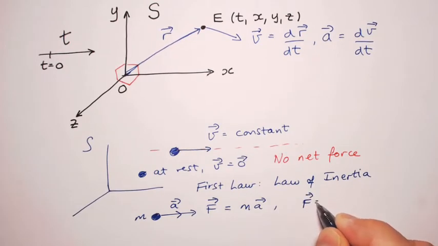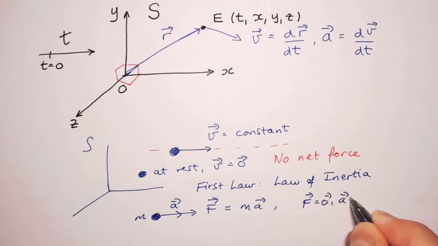If there is no net force, there is no acceleration, and if there is no acceleration, there is no net force. Note that a force is due to a physical interaction with other objects, such as gravity or electromagnetism. If there is no such physical interaction, there is no force, and hence no acceleration in an inertial frame.